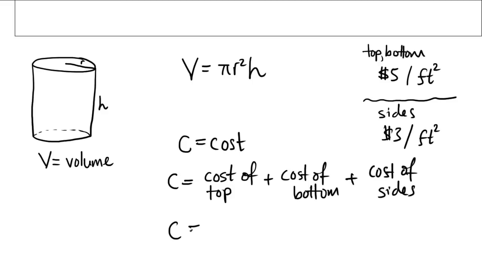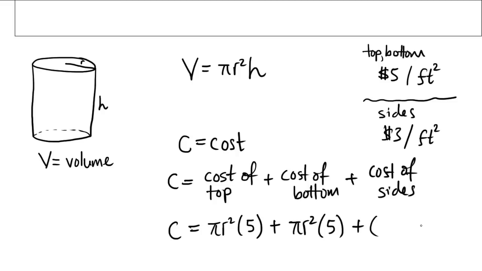The cost of the top is going to be the area of the top times the price per square foot of material. The area of the top is pi r squared, but then we multiply by 5, right? Because the cost per square foot is $5. The cost of the bottom is going to be exactly the same: the area of the bottom is a circle, pi r squared times 5.